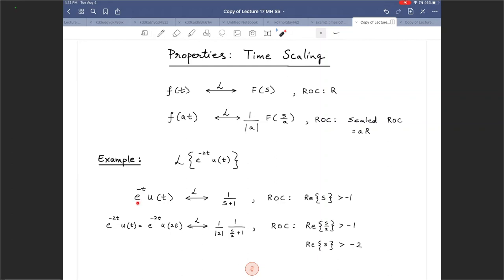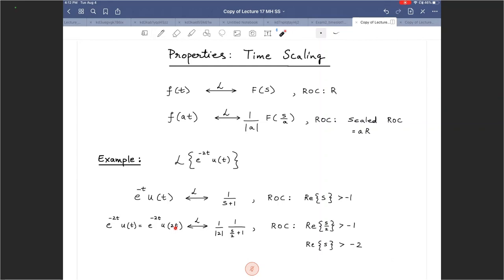So if we start off with a known result, which is e to the negative t u of t, the Laplace transform is 1 over s plus 1, and a region of convergence here is real part of s greater than negative 1, then e to the negative 2t u of t, which is the same as saying e to the negative 2t u of 2t, they both get on at time 0.